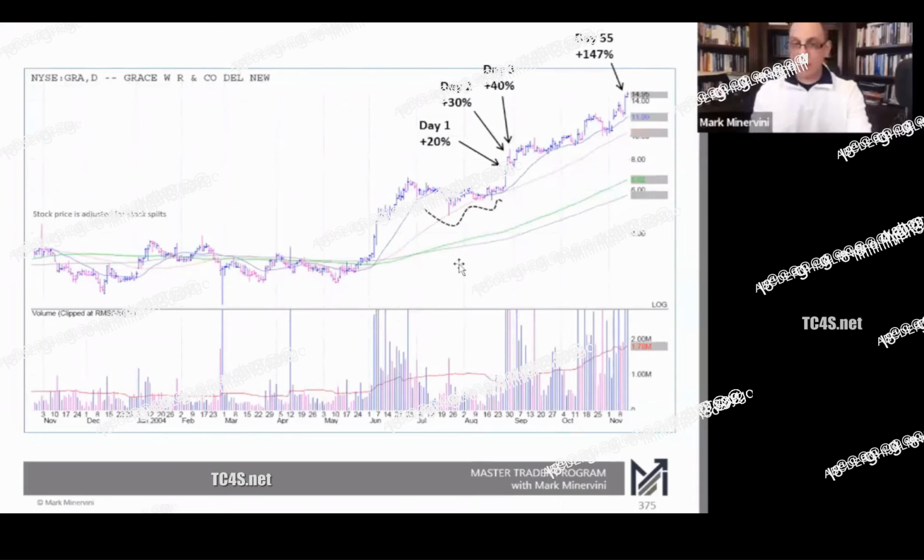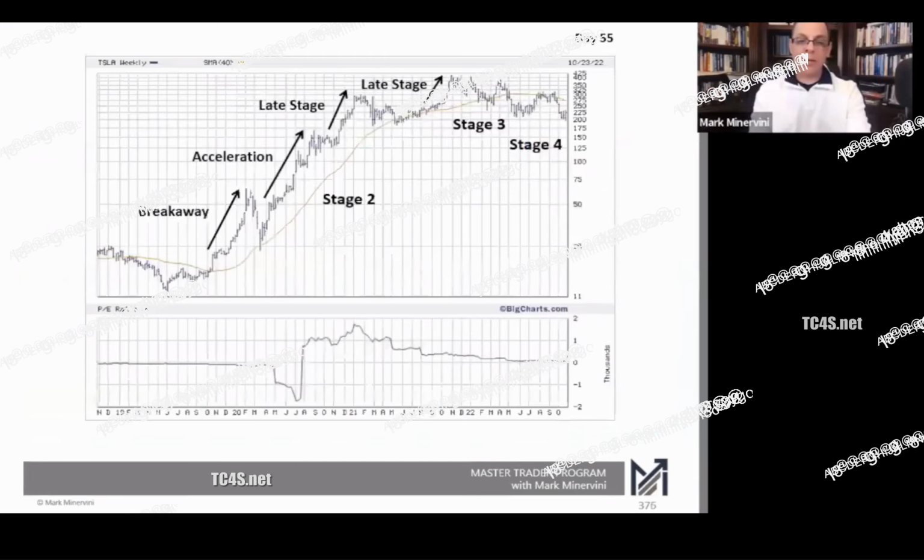And this was a company that was under heavy litigation for asbestos. They had a lawsuit, and that was resolving itself. And once that lawsuit got to a point where it was looking like it was going to resolve itself, the stock set up and was able to take off. So there was a fundamental reason behind the strength in this stock.